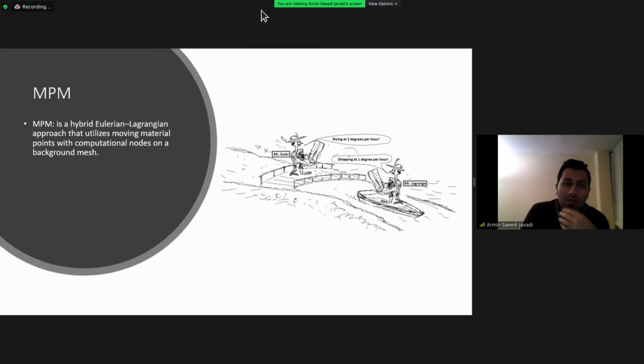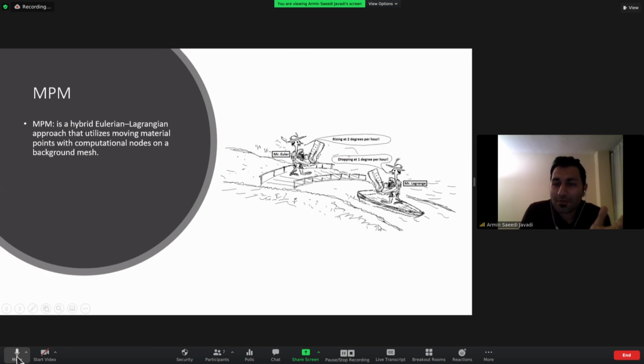And material point method is a hybrid Eulerian-Lagrangian approach that utilizes moving material points with computational nodes on a background mesh. So what is the Eulerian-Lagrangian method? Mr. Euler and Mr. Lagrange here try to explain it to you. So if you want to analyze parameters of a flow, you can stay in a fixed point and investigate those parameters.